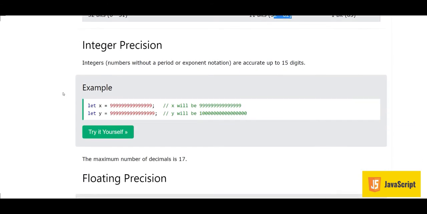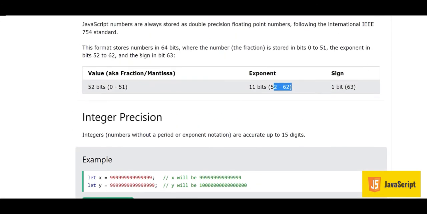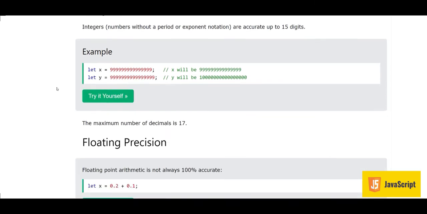Okay, now let's look at integer precision. This is an important point you need to remember: numbers are stored in 64 bits, divided between the fraction, the exponent and the sign.